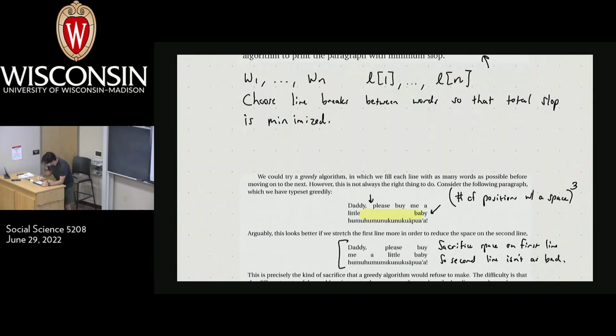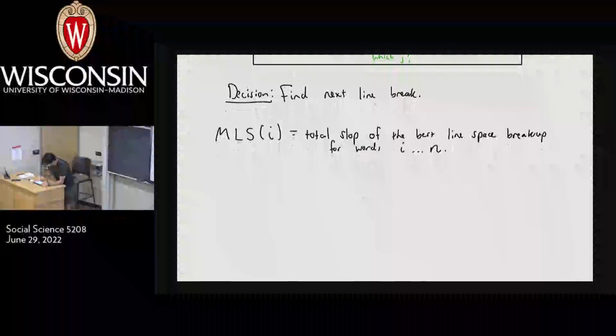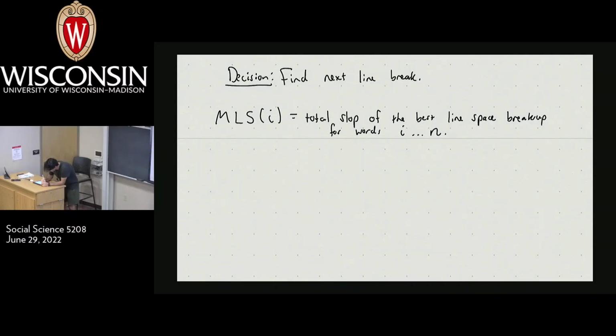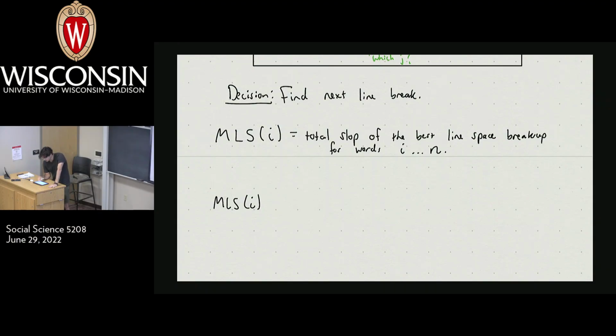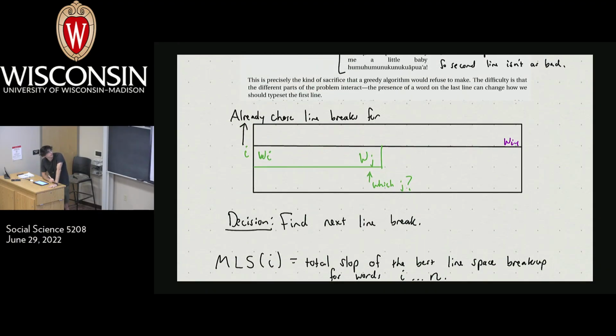So that's going to be important for the base case. So let's solve this recursively. So we already have our decision procedure. We're going to try to find the next line. So how should we do that? What's a clever way to find the next line?